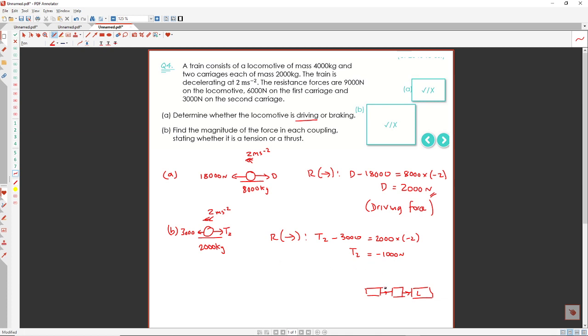Because of the deceleration that's happening, this carriage is actually being pushed backwards. So rather than a tension, this one is a thrust, and it's actually acting backwards.